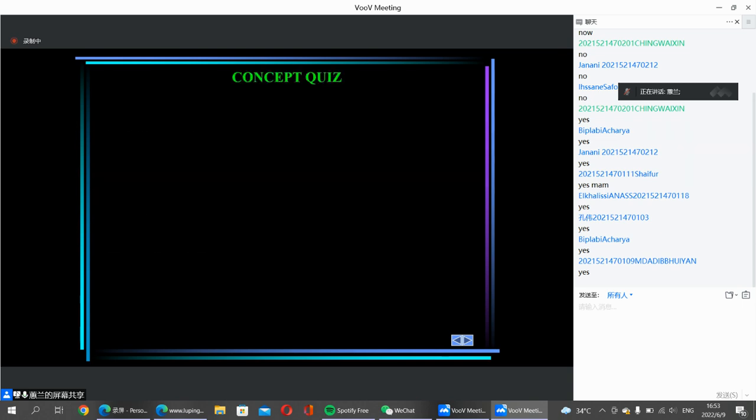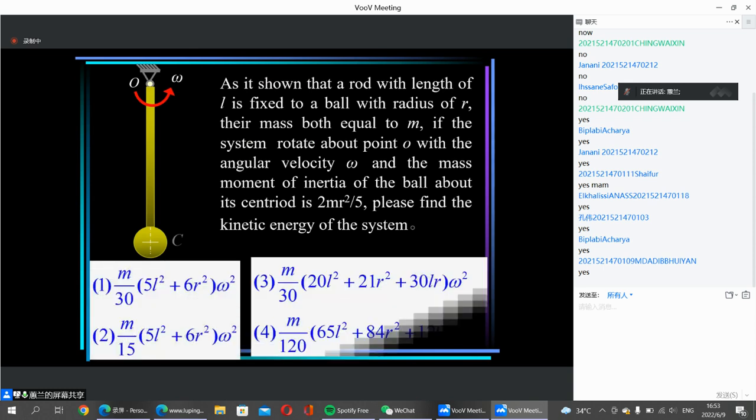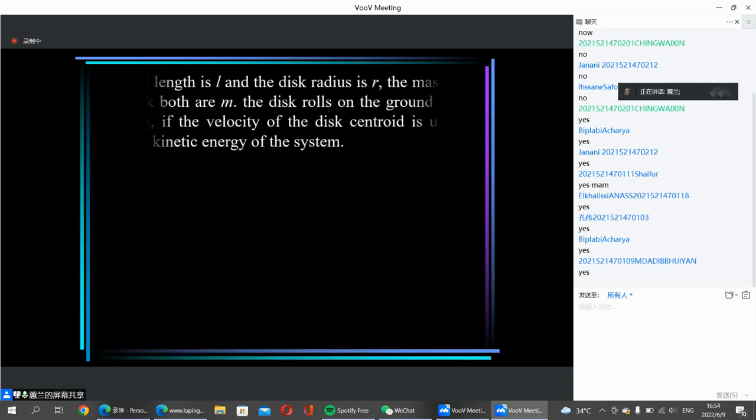Okay, so to calculate the kinetic energy for a rigid body, it's very important to decide the motion, to judge whether it is translating, rotating, or in general plane motion.